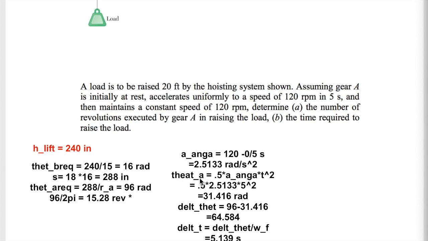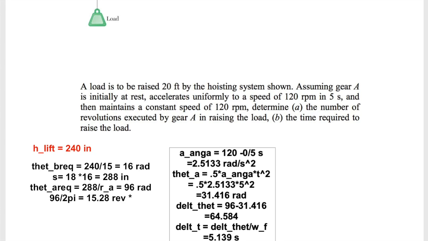So we know this theta of A, that it needs to move after 5 seconds is 31.416 radians, so that is position.